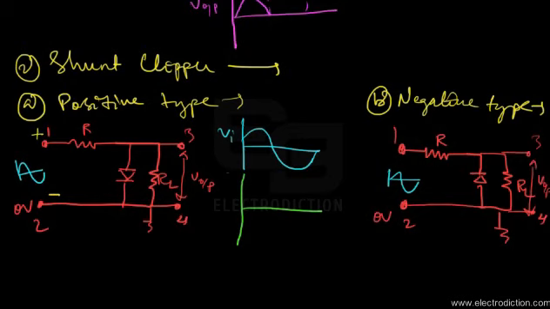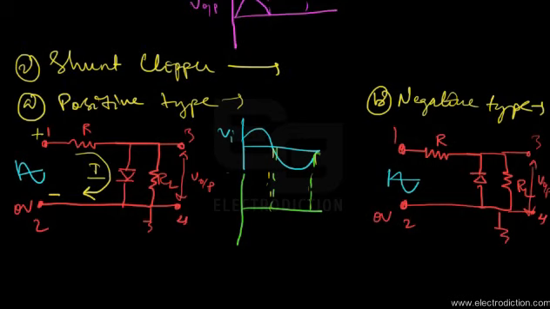The diode is forward biased and it starts to conduct a heavy amount of current I through itself, and as a result the diode behaves as a short circuit element and the voltage across RL falls to 0. So during the first half cycle there is no voltage across the load resistance in the positive type of shunt clipper.